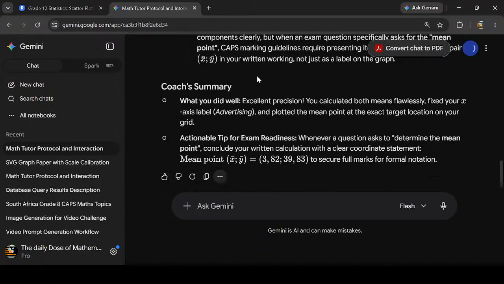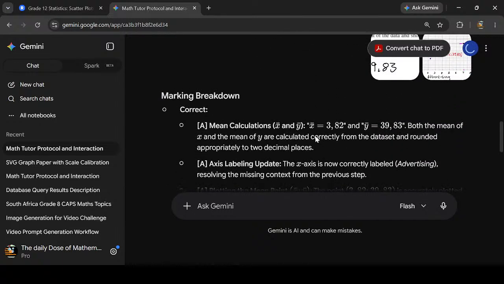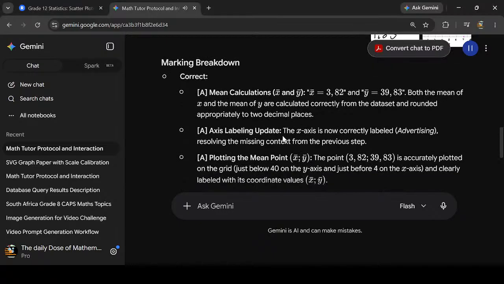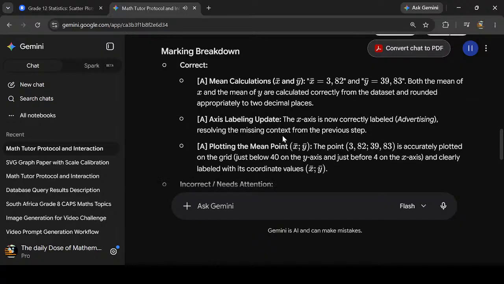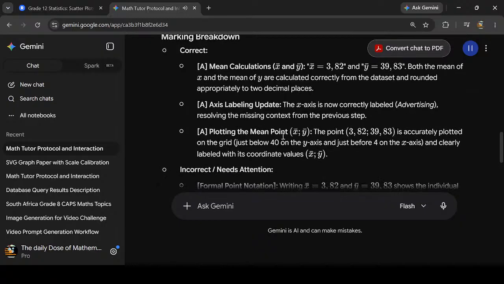Marking breakdown. Correct. Mean calculations: x-bar equals 3.82 and y-bar equals 39.83, calculated correctly from the dataset and rounded appropriately to 2 decimal places. Axis labeling update: the x-axis is now correctly labeled advertising, resolving the missing context from the previous step.